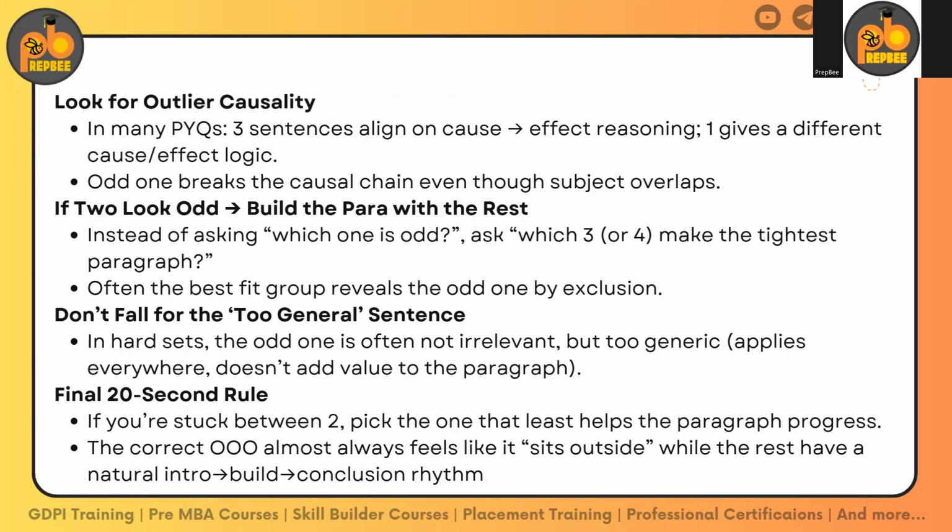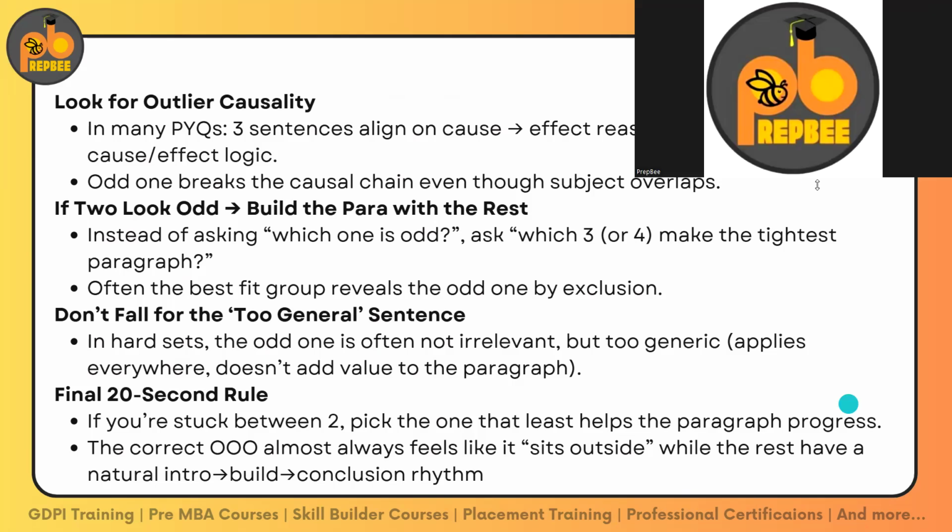Instead of asking which one is odd, ask which one makes the coherent paragraph. Don't fall for the too general sentence. In hard sets, the odd one is often not irrelevant but too generic. If it is not adding value to the paragraph, remove it. Final 20 seconds rule: if you're stuck between two, pick the one that least helps the paragraph.